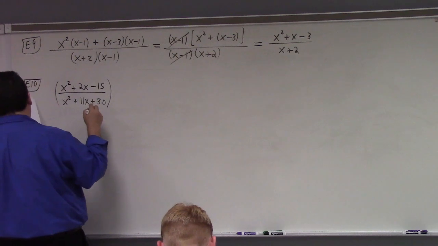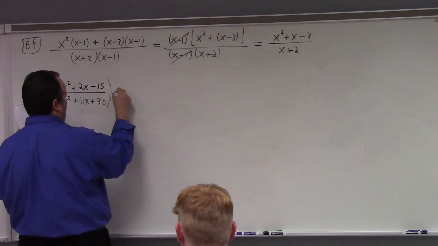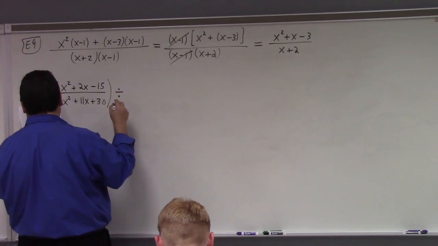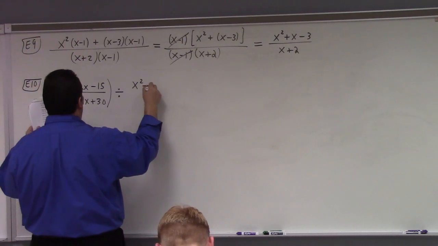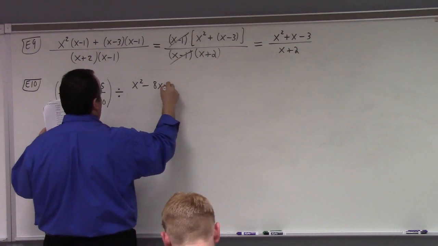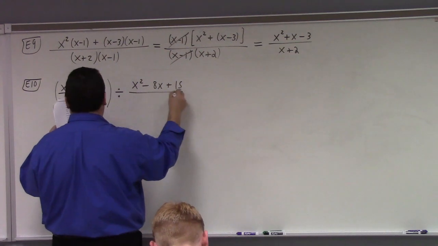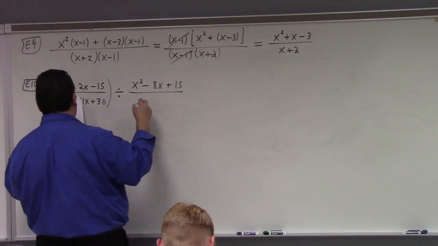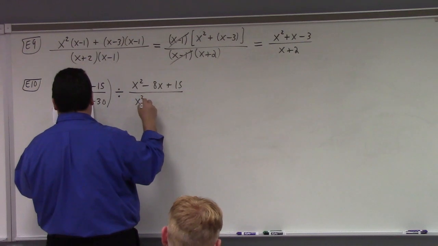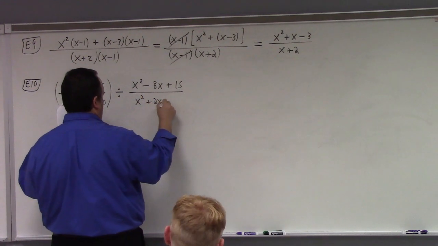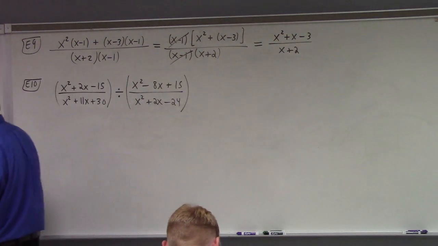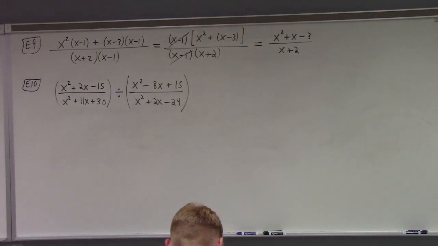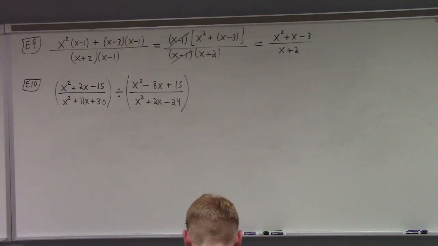All right, and just for giggles, I'll say divide that by x squared minus 8x plus 15 divided by x squared plus 2x minus 24. Now, that's the last time you'll see me write that divide symbol. I pretty much never write that because it offends me.